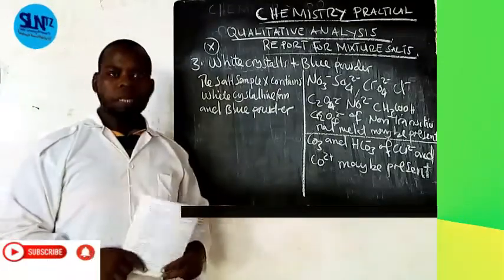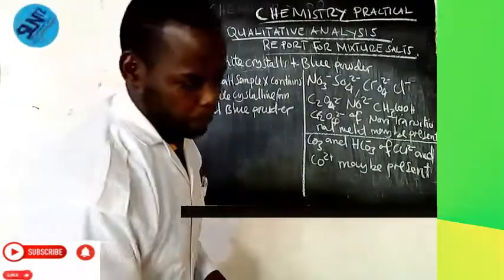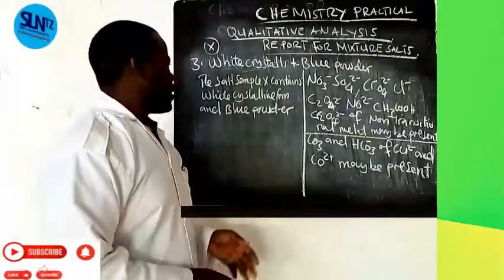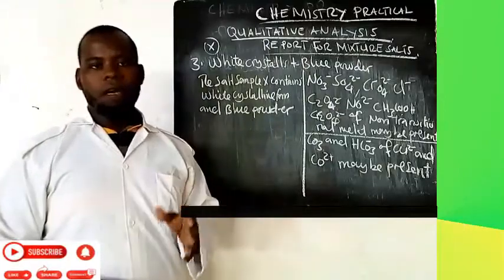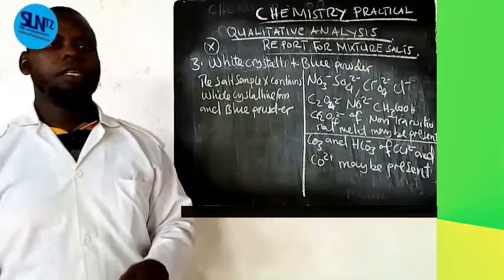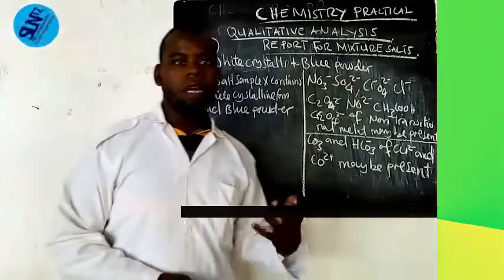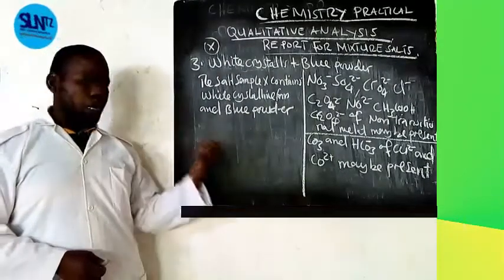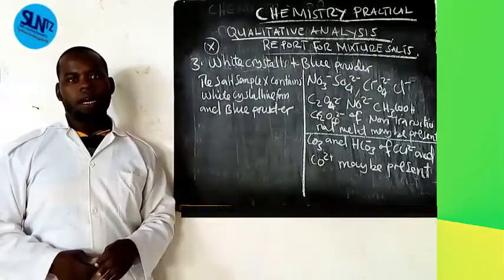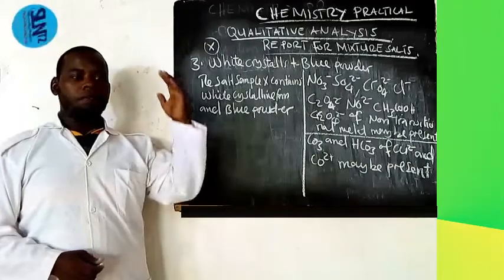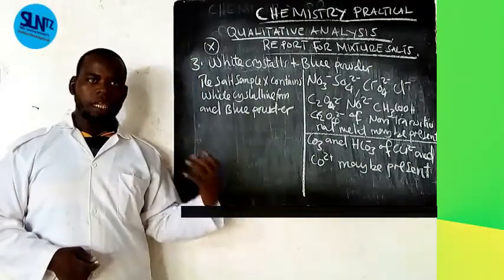For the mixture of salty sample, as an Advanced Form 6 student, you have to write as I have shown you here, from the first example up to the third example.